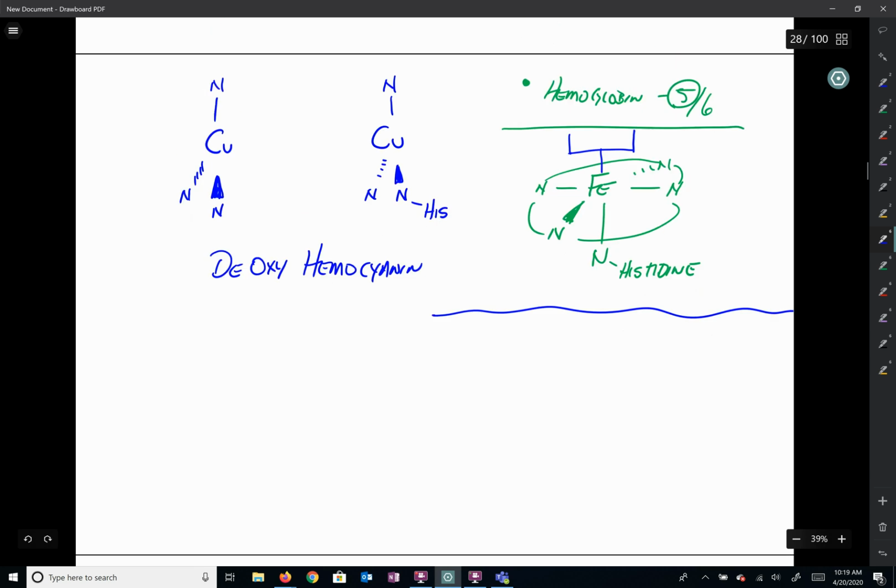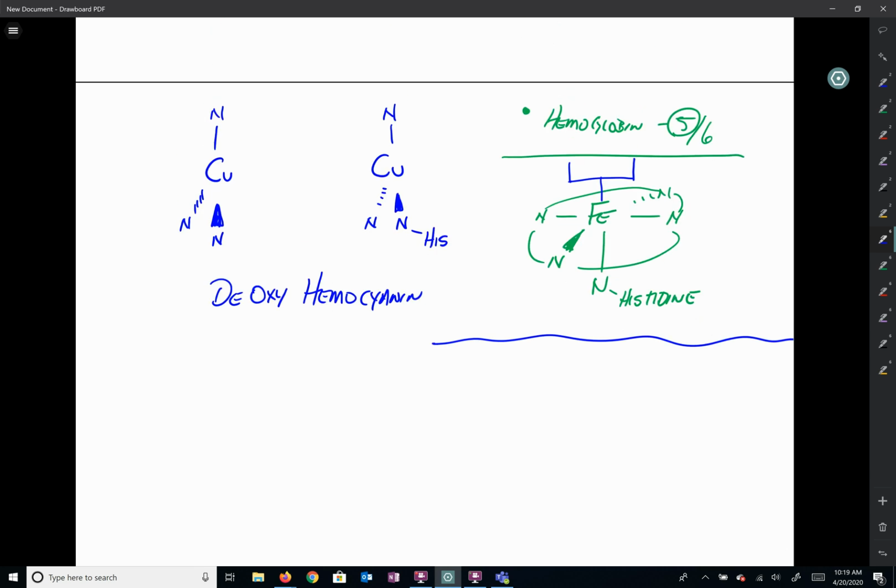Depending on the enzyme it's in, we could see copper go all the way up to 6 ligands around it, although most commonly it'll start out at 3 and go to something like 4 or 5.